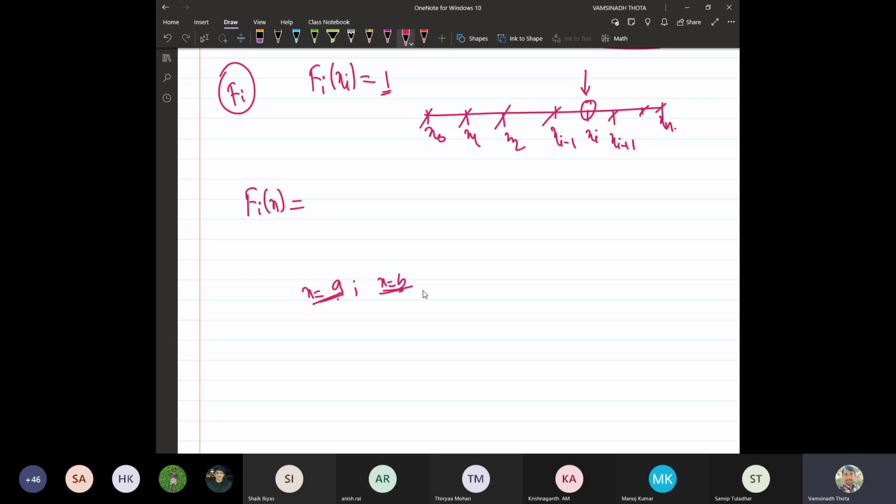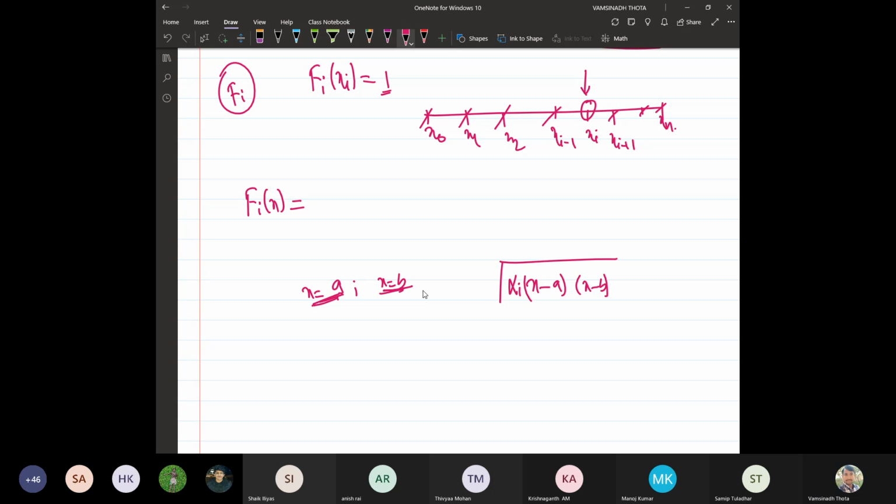Can you give me a second degree polynomial with the roots a and b? What is that one? Simply x minus a times x minus b. Okay, not only that one, there should be some constant alpha.